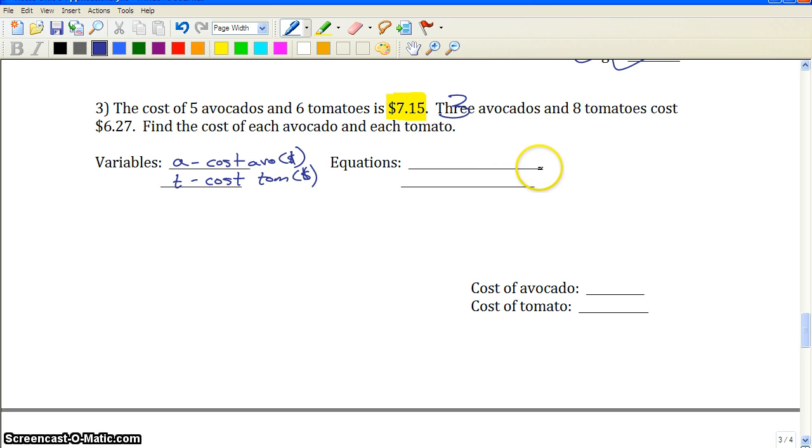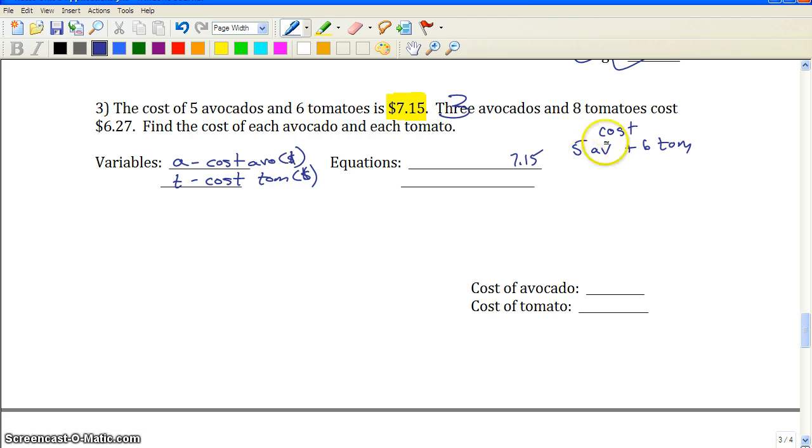So for the first equation, we need to first look at the totals that we have. We have a total of 7.15 that I've highlighted, and that is a total from 5 avocados plus 6 tomatoes. That's the total amount charged for that.